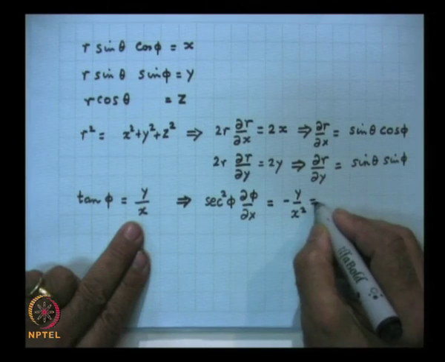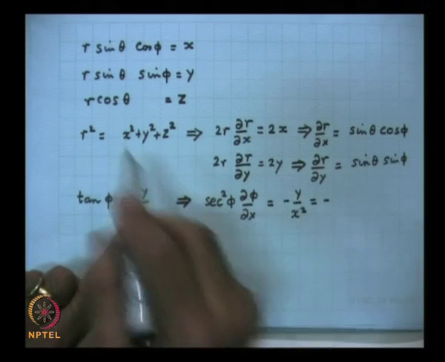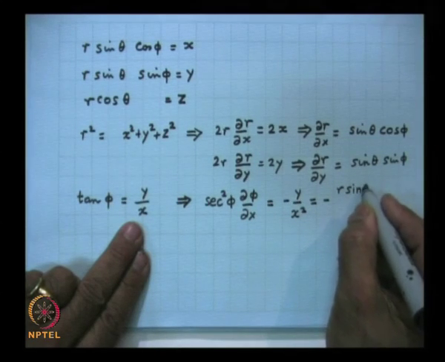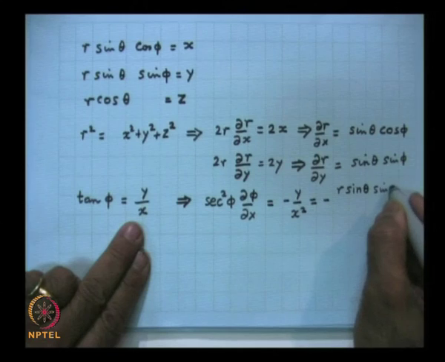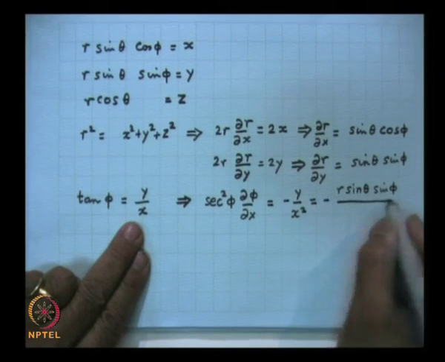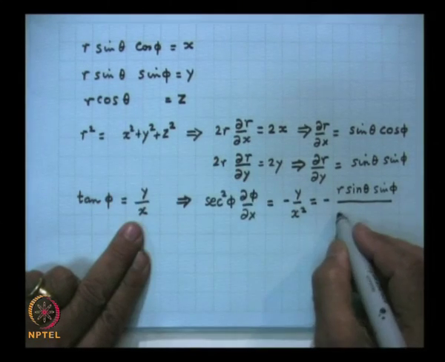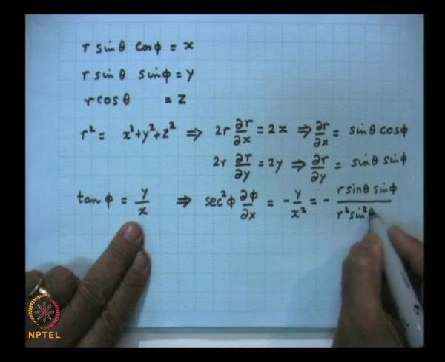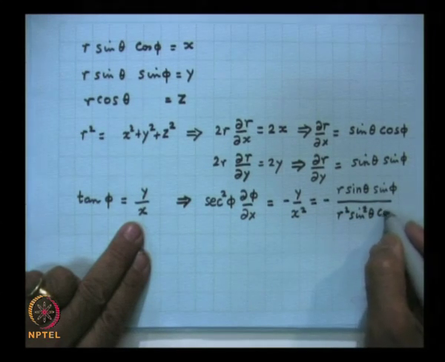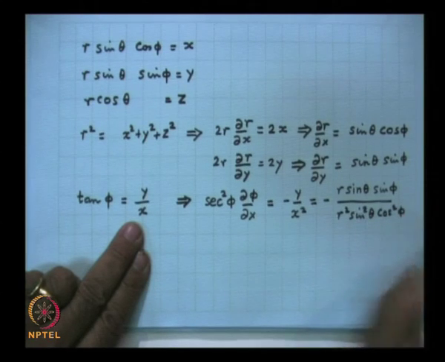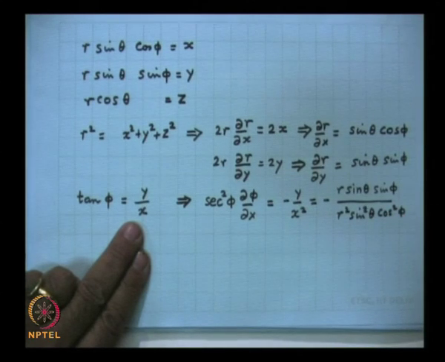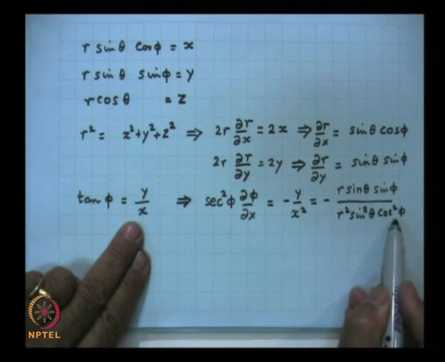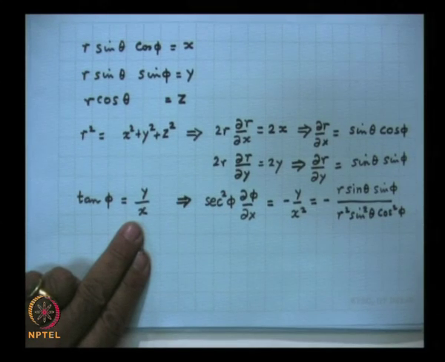So, this will be minus y, which is r sin theta sin phi, divided by x square, that is r square sin square theta cos square phi. As you can see, if I multiply secant square phi by cos square phi, it becomes 1.